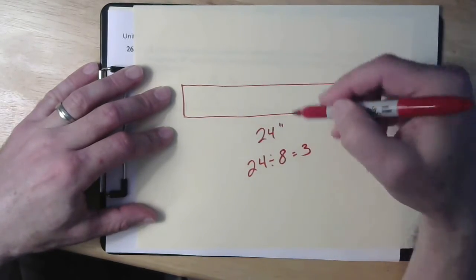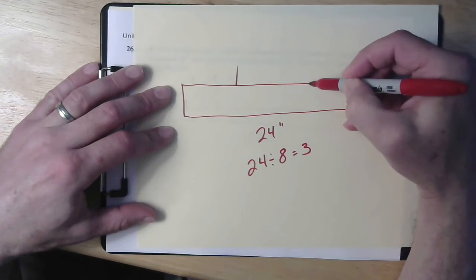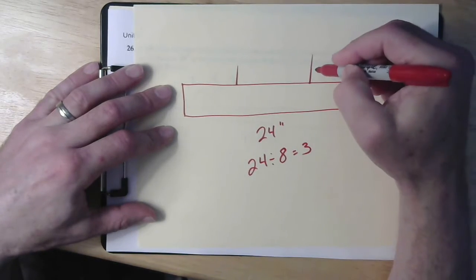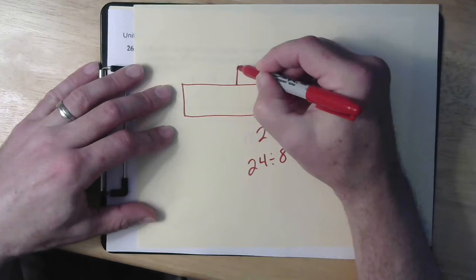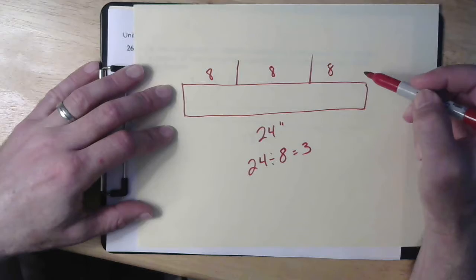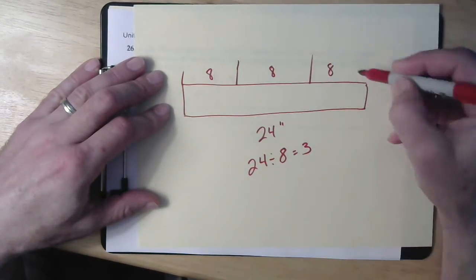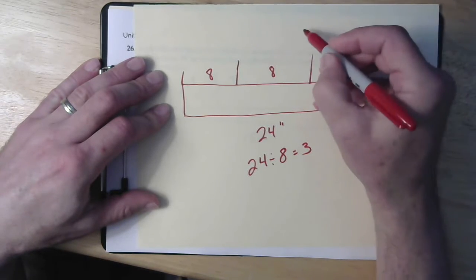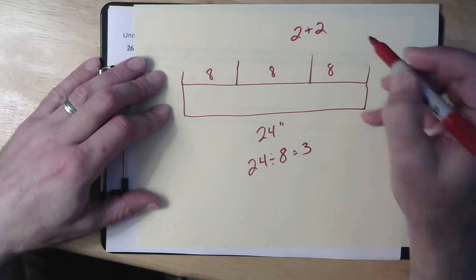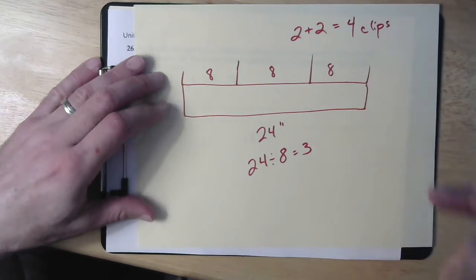I divided that piece up into 3 pieces, 1, 2, 3 pieces, and so I'm going to put a clip in between those pieces. So that means this is 8 inches, this is 8 inches, and this is 8 inches. So I've got my 24 inches, I've got 2 clips, and then I've got 2 more on the ends. So I have my 2 that I got by figuring out the division, plus 2 on the end. That's 4 clips.